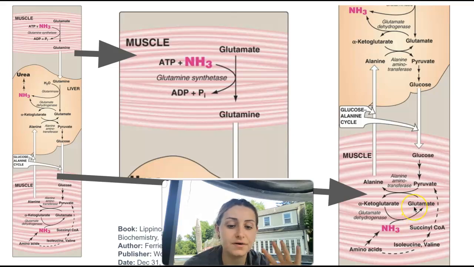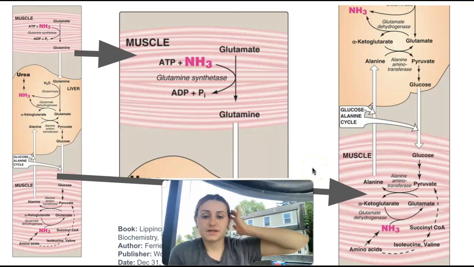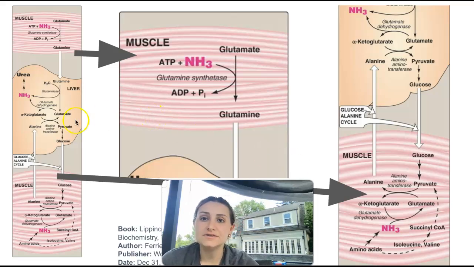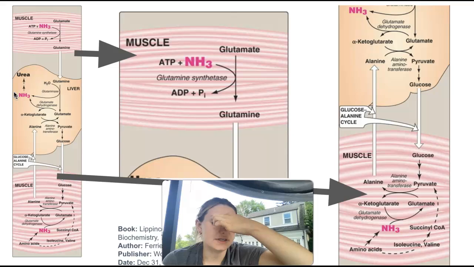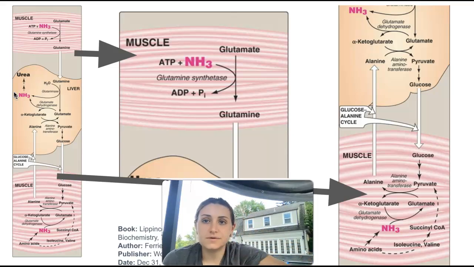So this is kind of how everything works together to get that ammonia out of the tissues and to the liver to be disposed of properly. In this girl's case, likely there was a deficiency happening in the urea cycle because her ammonia level was so high.